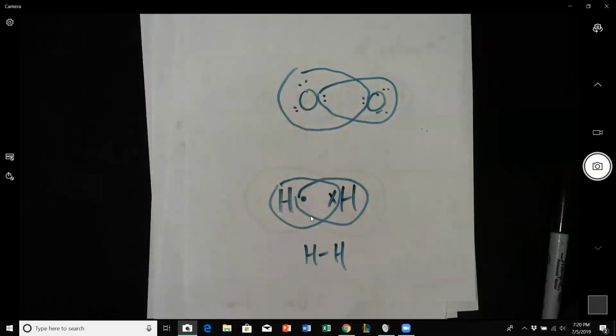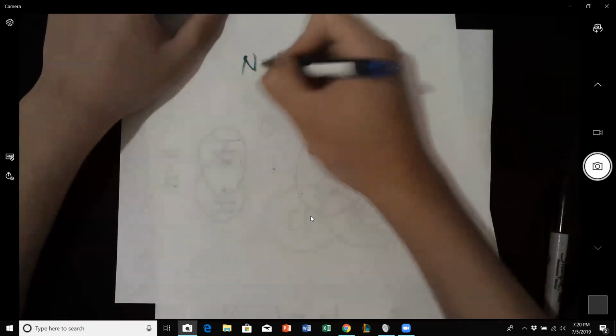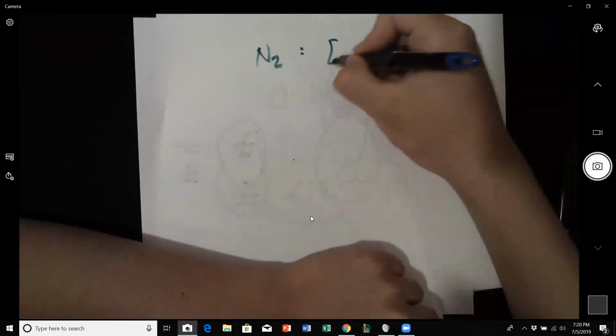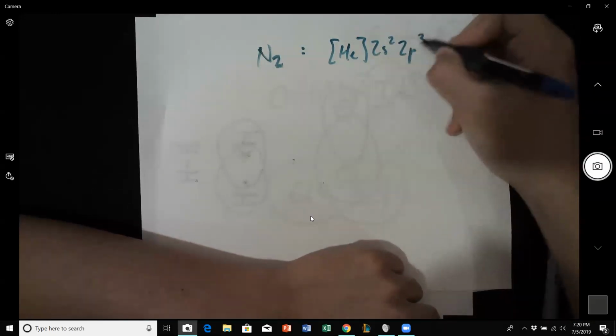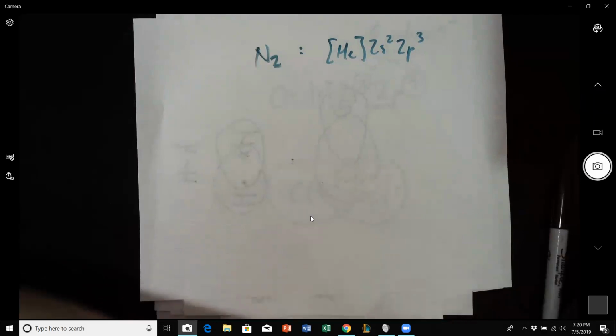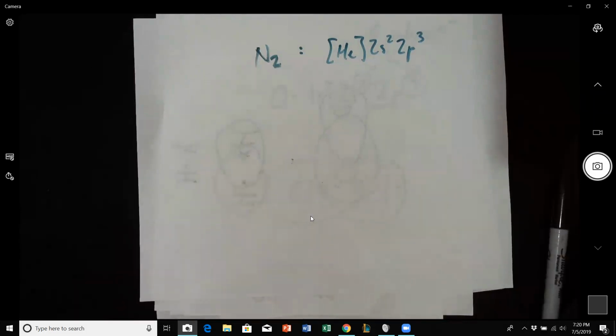Let's do a slightly harder example. Let's do nitrogen. Nitrogen is 1s2 2s2 2p3. So try to draw a nitrogen molecule and tell me what kind of bond it has. Does it have a single bond, double bond, triple bond, quadruple bond? I'll give you a minute to do this too.